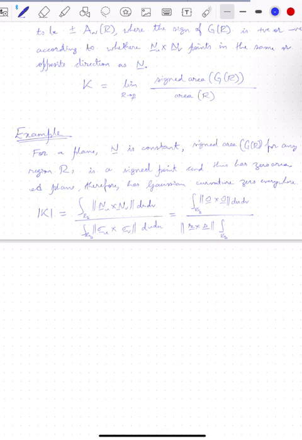So this one was just du dv. Now, what we see is numerator 0 cross 0 is 0. Eventually, if the magnitude of Gaussian curvature is 0 everywhere, then of course Gaussian curvature itself is 0 everywhere, right? So this was the idea here.